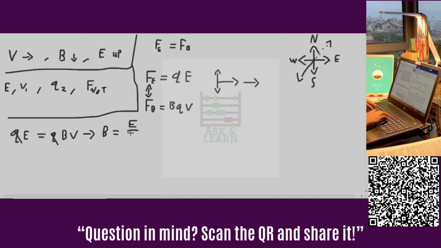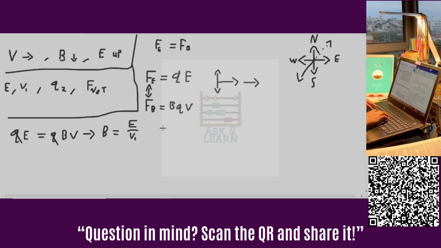So now we have our B. What do we do with it now? We want to know the velocity of the second particle that comes through, which is good because we have an equation here that involves the velocity and the magnetic field, which we just calculated.